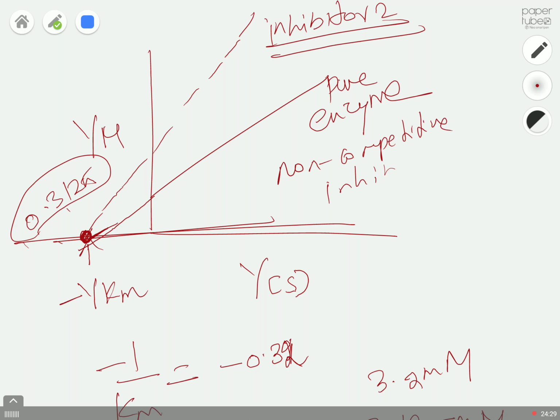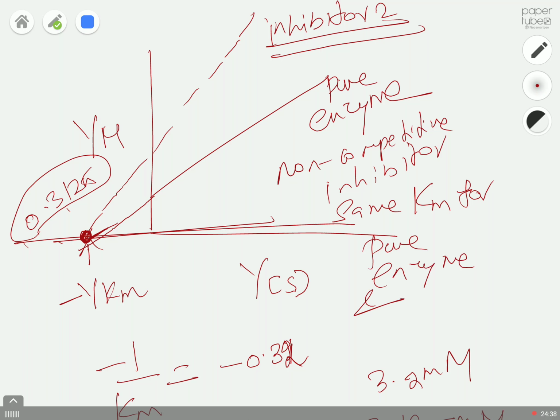That's why you have the same km value for pure enzyme and inhibitor 2. These are the things you have to remember. In the exam I might ask all three or maybe any one. You have to identify and calculate the kinetic parameters. You should know how to calculate it.